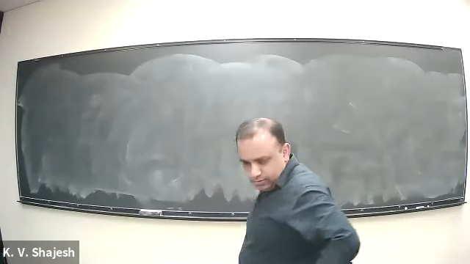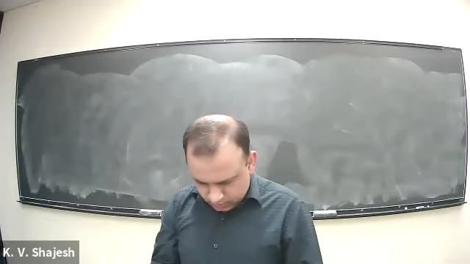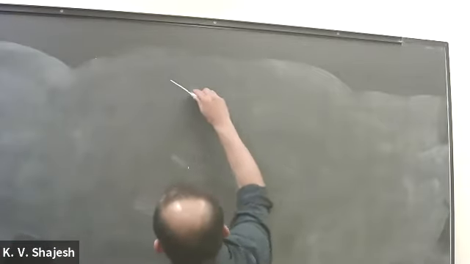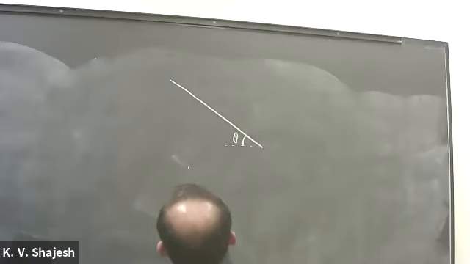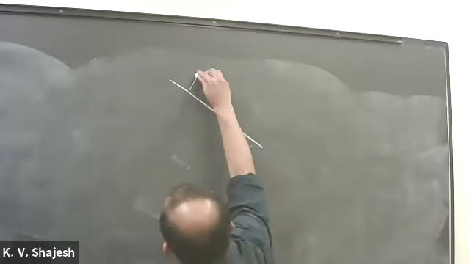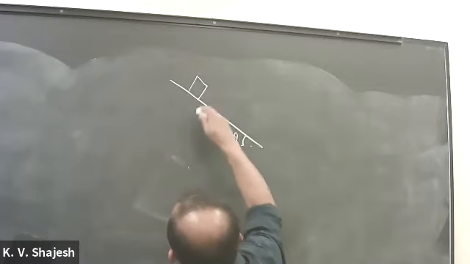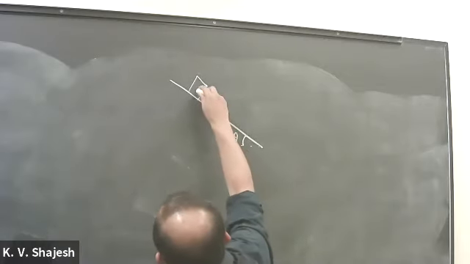Yes, so let me go over that. We are talking about an inclined plane with angle theta, and we have a mass m sitting here, and it is sliding down.